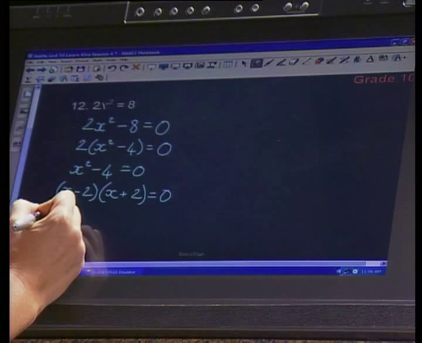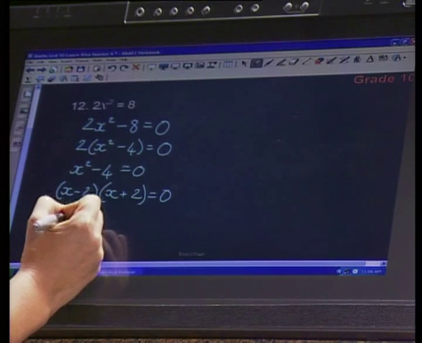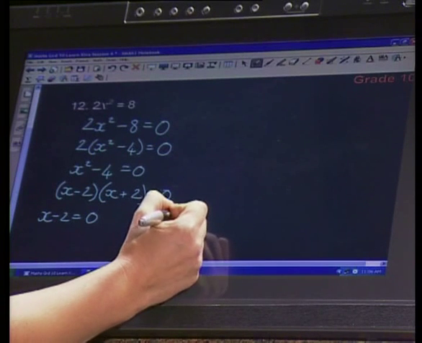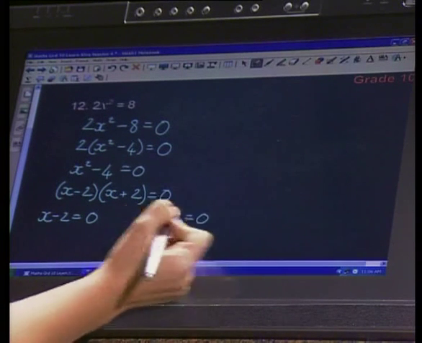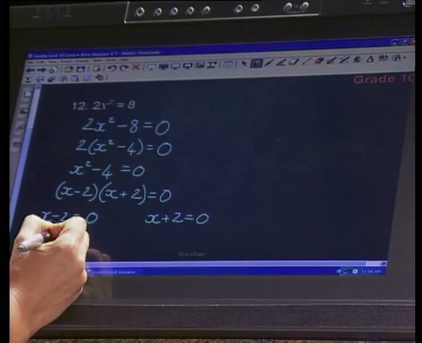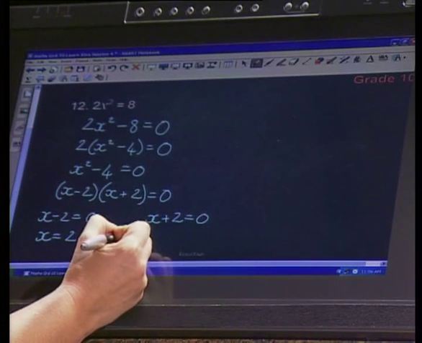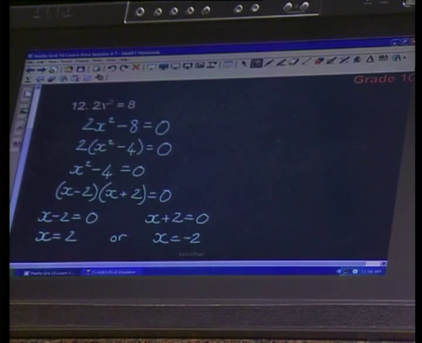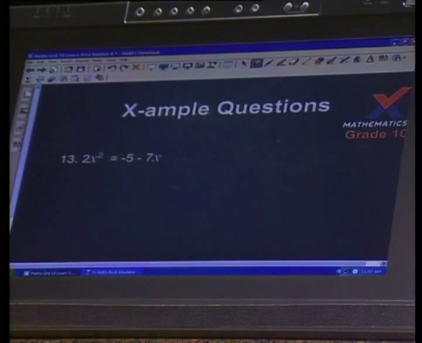Yes, I have. So that means I need to divide the 2 factors up into 2 different equations. And I now have x is equal to 2 or x is equal to negative 2. Nice, easy question. The next question.